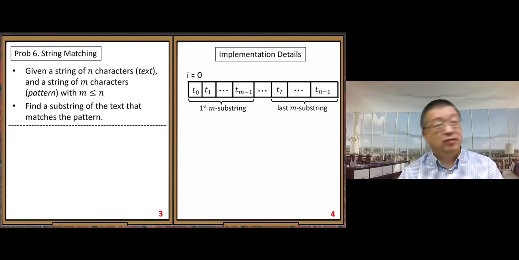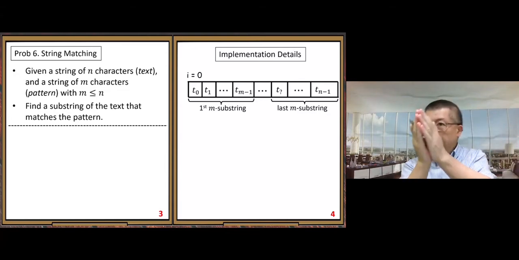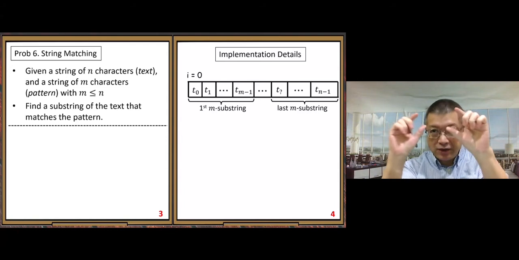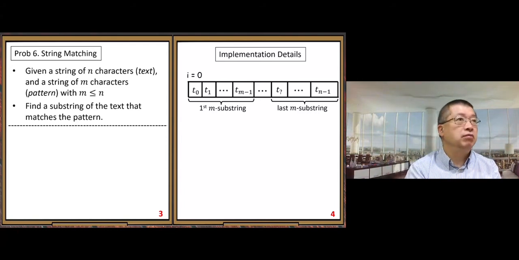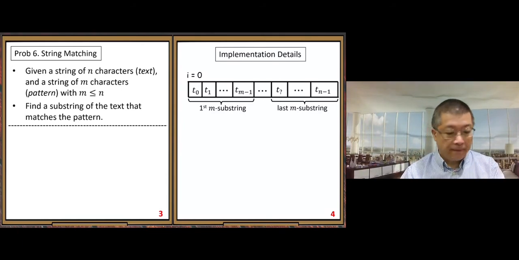Because when we write a program, we want I to go from 0 to the location of the last M substring. But we need to find it. Otherwise, how can we write our program, right? So this is a critical number we need to figure out. How to figure it out? Guess and verify.